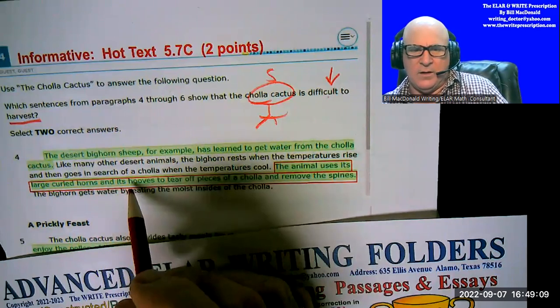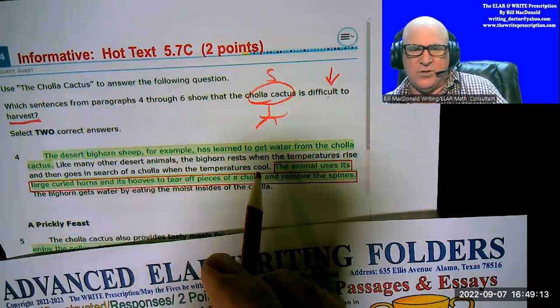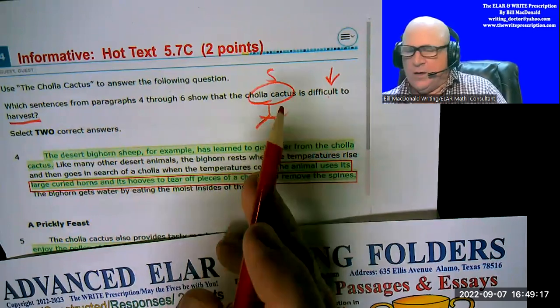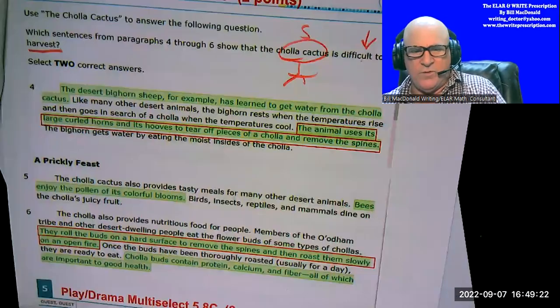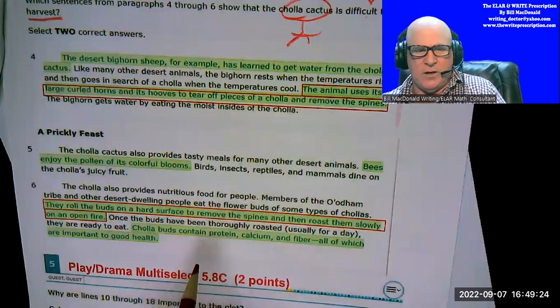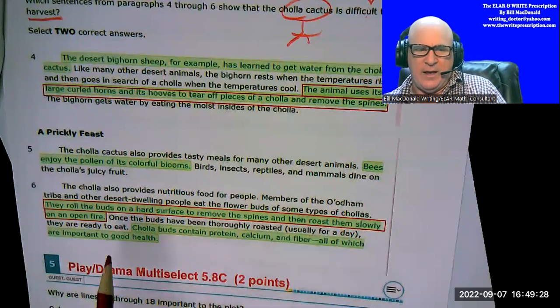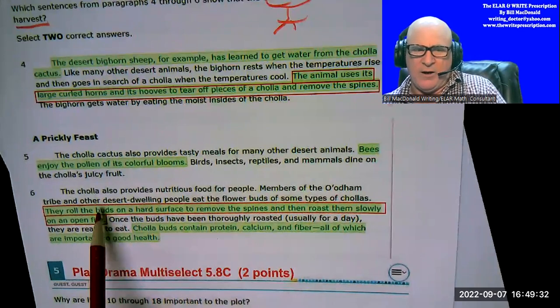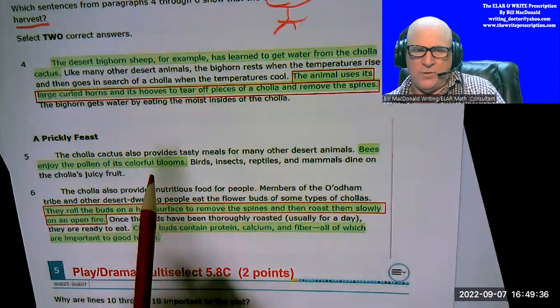Apparently, the cactus is difficult to get into. The other one: they roll the buds on a hard surface to remove the spines and then roast them slowly on an open fire. As you can see, they, as in people. Paragraph 5 is how animals use them, and paragraph 6 is how people use them.